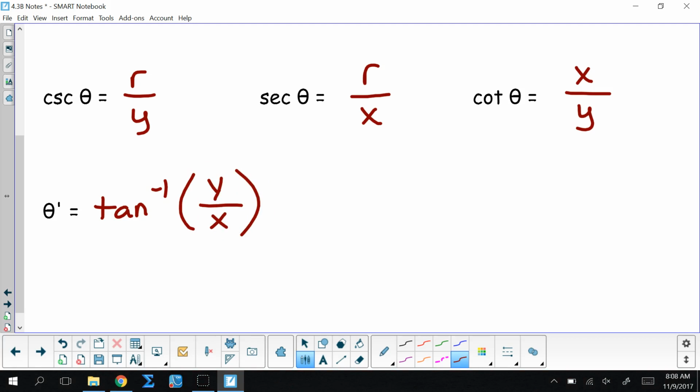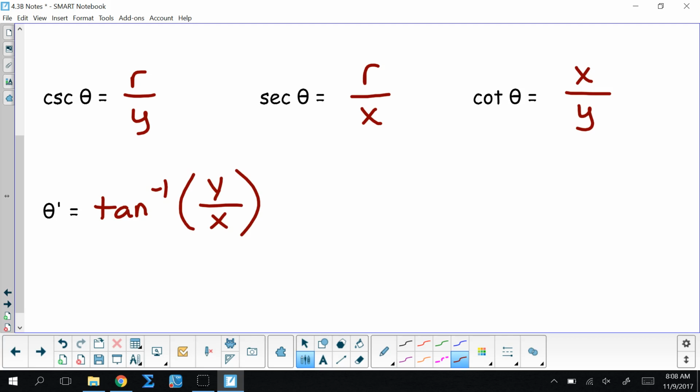It uses the two parts of the point. Now, yesterday I told you that you could use any of those three, because we found the sine, the cosine, the tangent. You could use the inverse of any of those three. And that's true. You just got to do extra figuring if you're actually going to use sine or cosine. You got to use the Pythagorean theorem and find that r value.